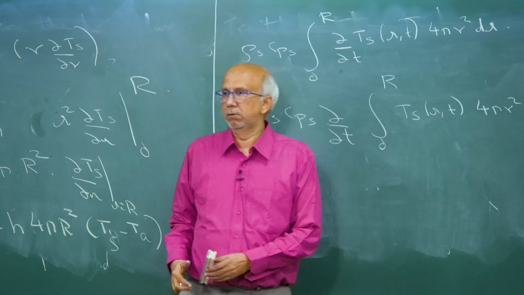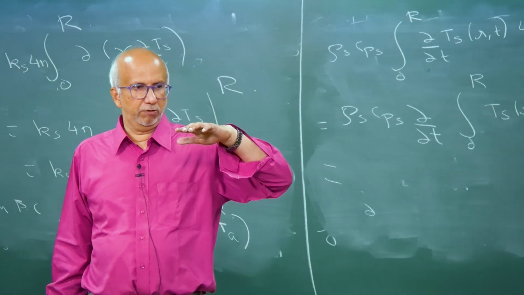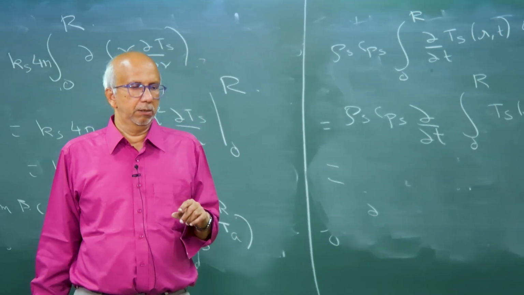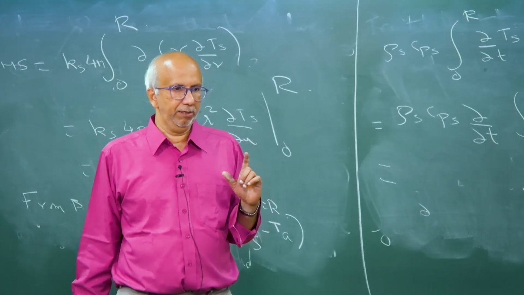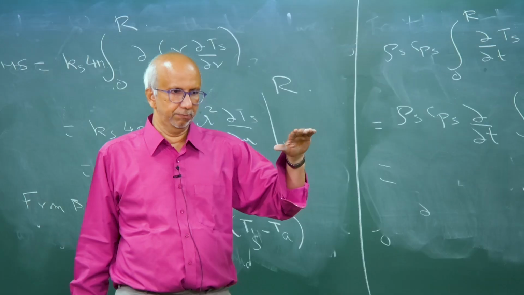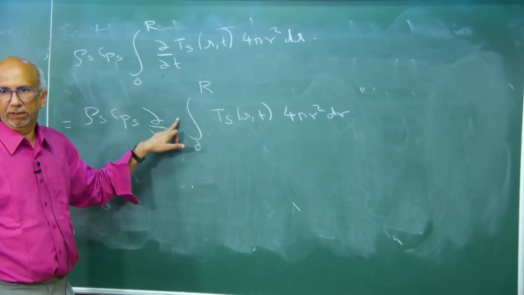Now, in the limit of large conductivity, I am telling you the temperature will not change in the radial direction. Okay. So, this becomes independent of R and I can pull it outside the integral.